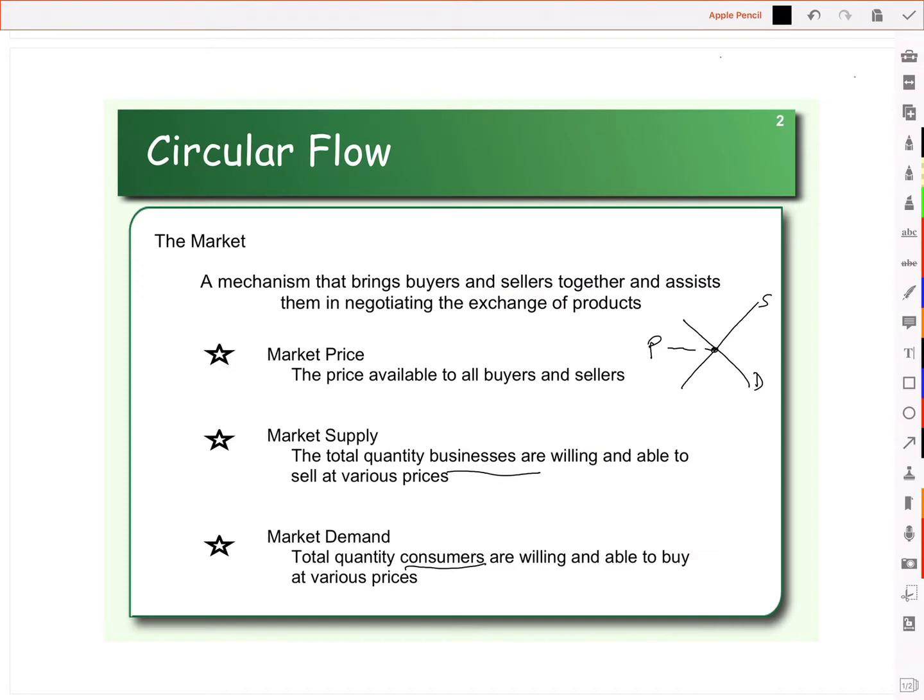We'll look at demand and supply in the other markets momentarily. But this is what we call the equilibrium or market price. So let's look at how we end up there and where demand and supply come from. So let's start with demand.